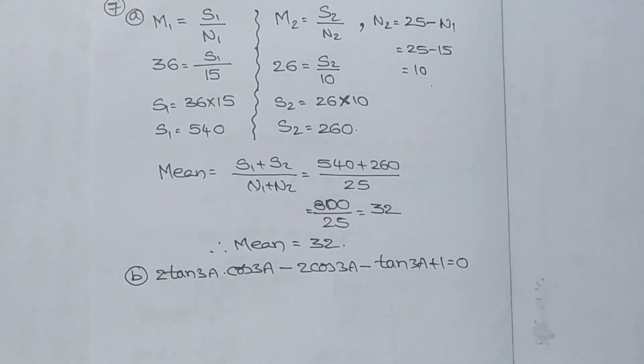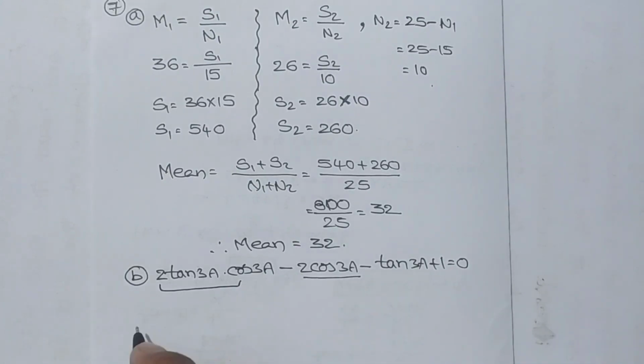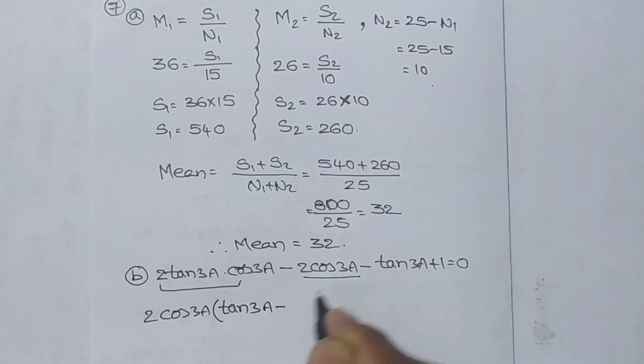Now here, 2 cos 3A is there, 2 cos 3A is there, so let us take 2 cos 3A as common. Then what is left here? Tan 3A. Here, as it goes common, 1 is there.